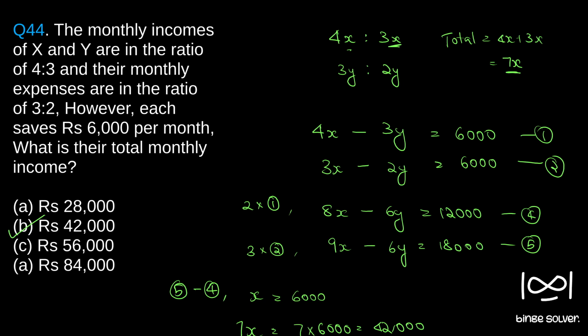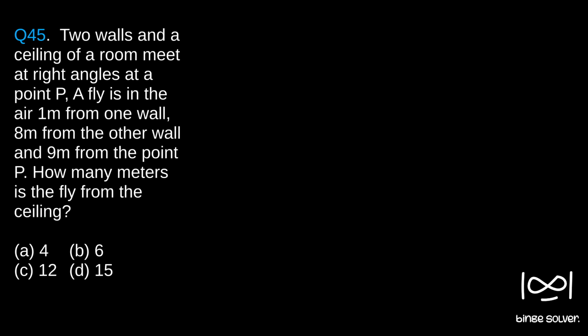Next question, question 45. Two walls and a ceiling of a room meet at right angles at point P. A fly is in the air 1 meter from one wall, 8 meters from the other wall, and 9 meters from the point P. How many meters is the fly from the ceiling? So I'll just try to draw a 3D figure.